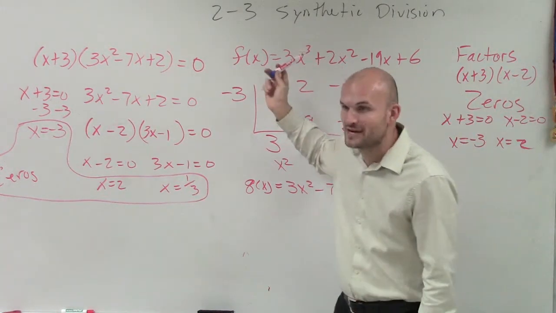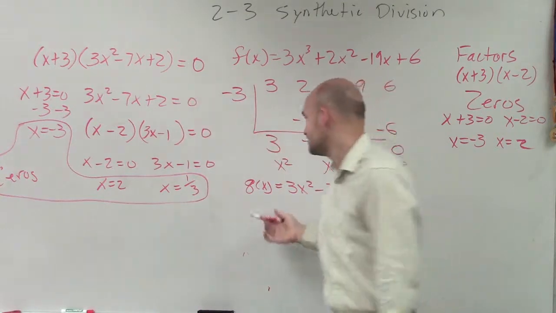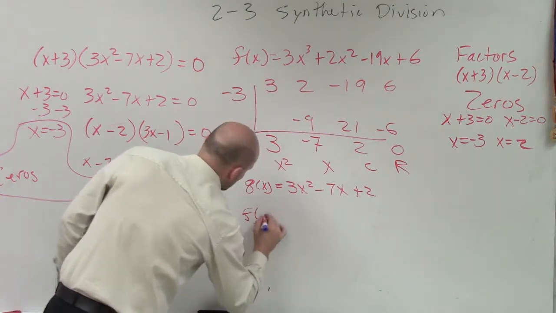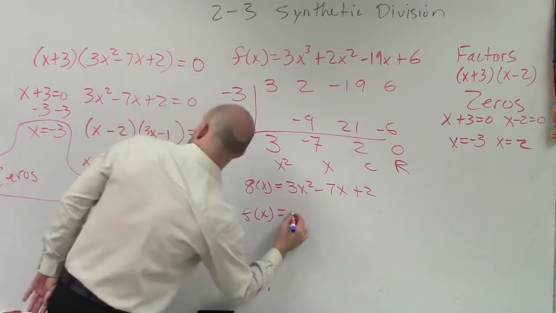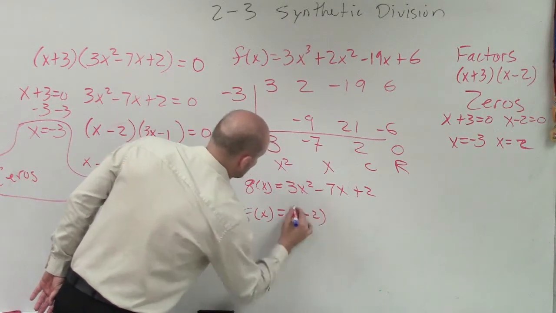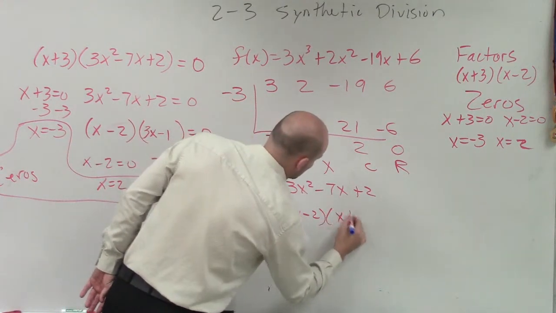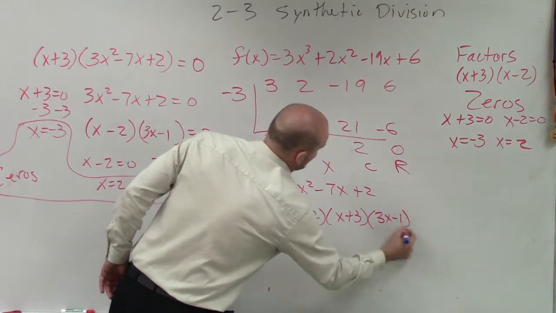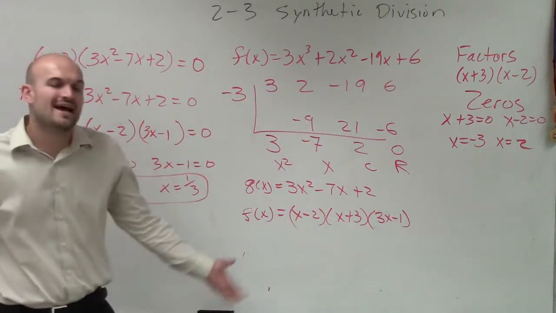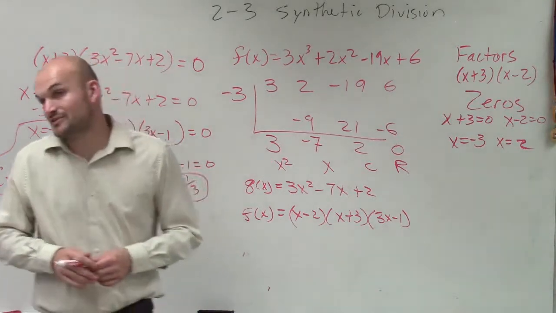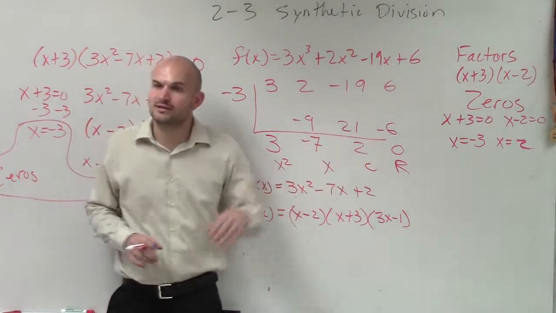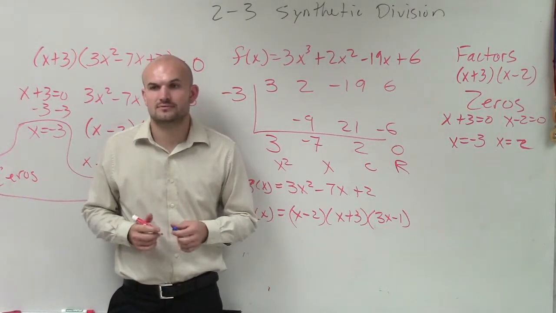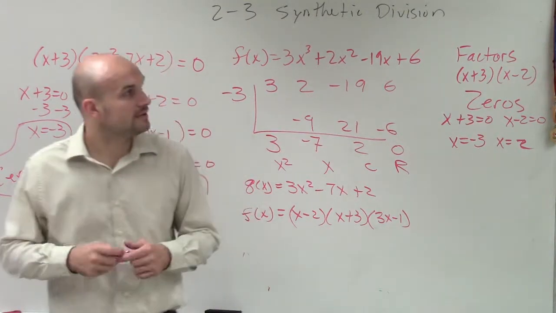What was our extra factor we just learned? 3x minus 1. So you could say that f of x equals x minus 2 times x plus 3 times 3x minus 1. So that would be if I asked you, hey, write it as a product of the factors. Then you could write it as a product of the factors. Okay. There you go.